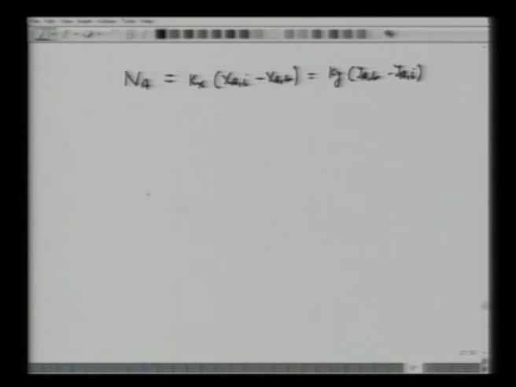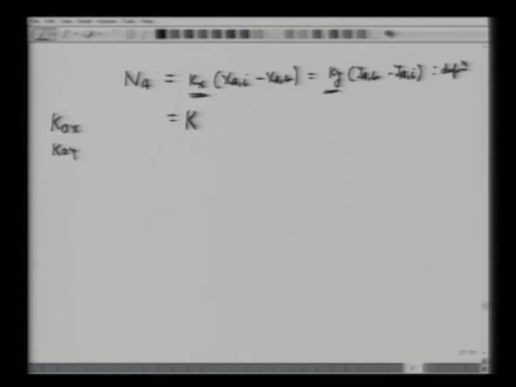Okay, so this you can call definitions of mass transfer coefficients in X phase or Y phase, or liquid phase and the gas phase. One can also define another overall mass transfer coefficient which will be denoted by K overall, KOX and KOY.